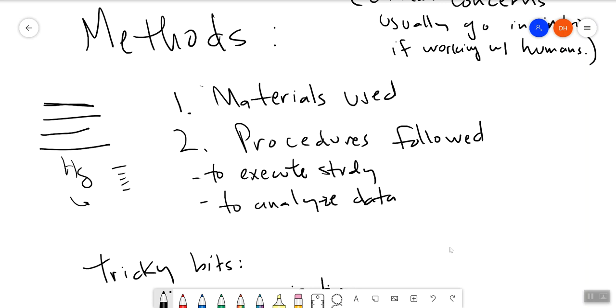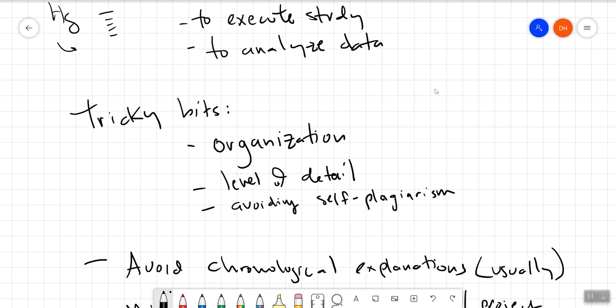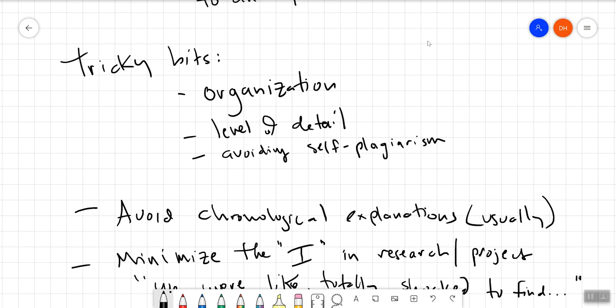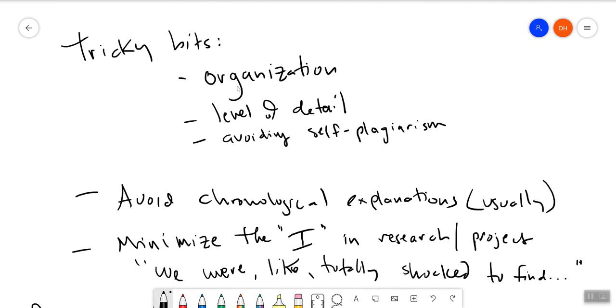Now, there's no specific way to do the methodology section because there's no agreed upon structure for the organization. Also, the level of detail that you put into the methods, there's no real rule about that. You don't want to be too detailed because then it's unnecessary. Each of our scientists wore a suit and tie to work.